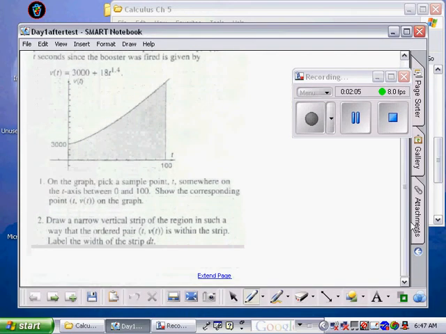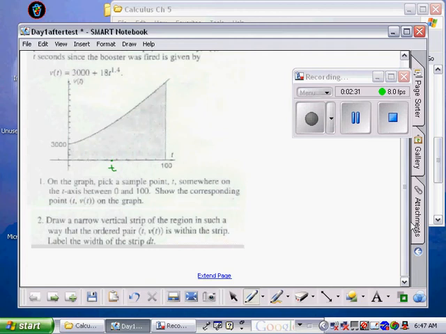Now it says on the graph, pick a sample point t somewhere on the t-axis between 0 and 100. It doesn't matter where, guys. Just pick a point and label it t. Then it says show the corresponding point.